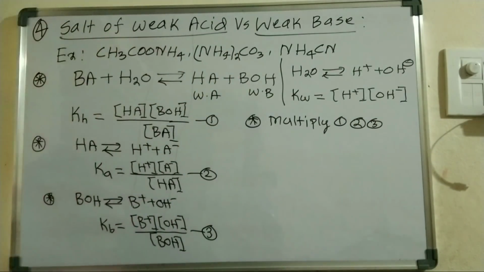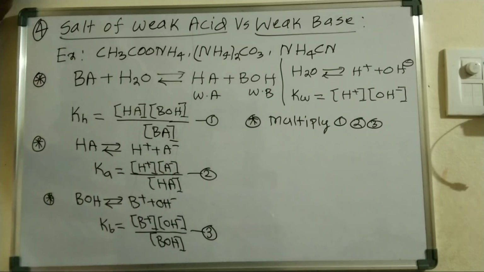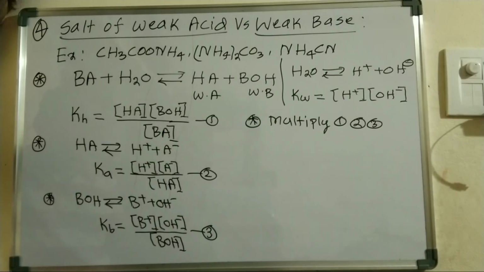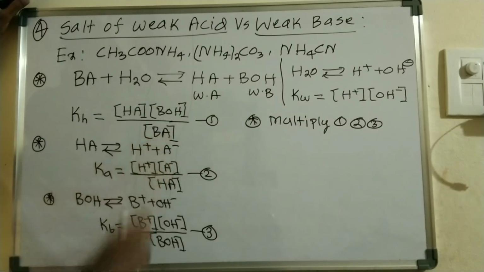When we are multiplying equations 1, 2, 3, the HA concentration will get cancelled, and the BOH concentration will get cancelled. Even this BA will be dissociated into B+ and A minus.